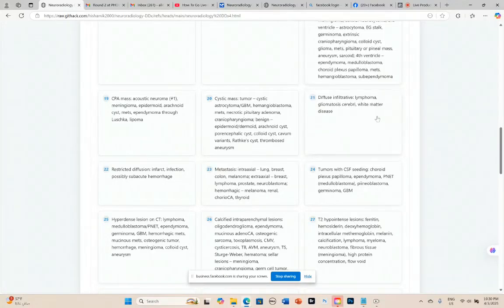It includes lymphoma, gliomatosis cerebri, and white matter disease. And for example, what are the cystic masses involving the brain?